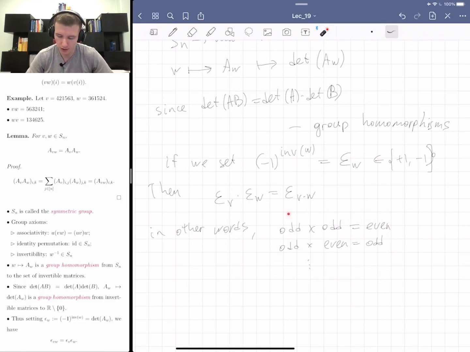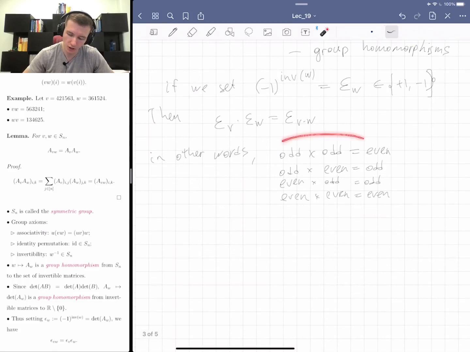If you multiply V and W, what's the number of inversions of V times W? That's hard, but the parity of the number of inversions has predictable nature. Let me finish this table. Even times odd is odd. Even times even is even. And we're going to use this knowledge a lot in the next lecture or so.